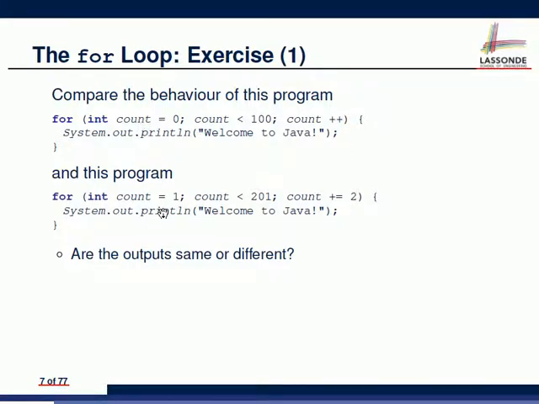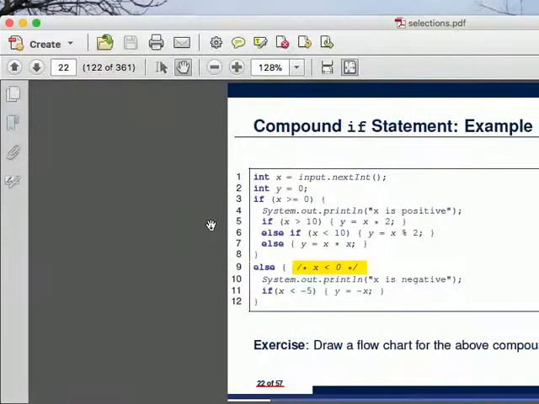Similarly, for the second loop over here, we also say welcome to Java, in which case the output does not depend on the value of count. Okay? So those are the two hints for you. Now, why don't we try to see how we can reason about this? 0 to 100.